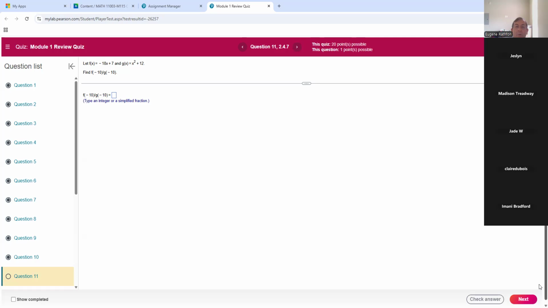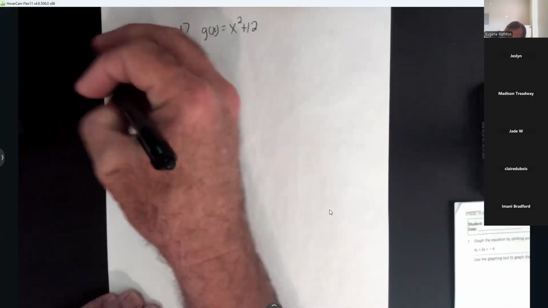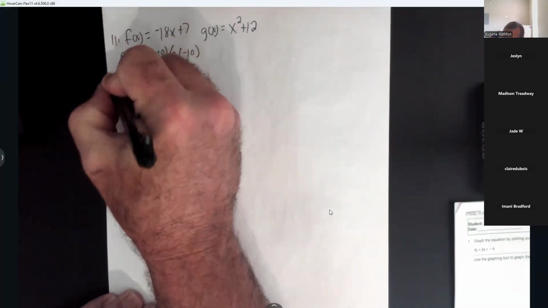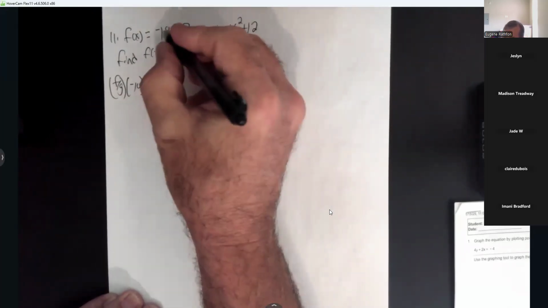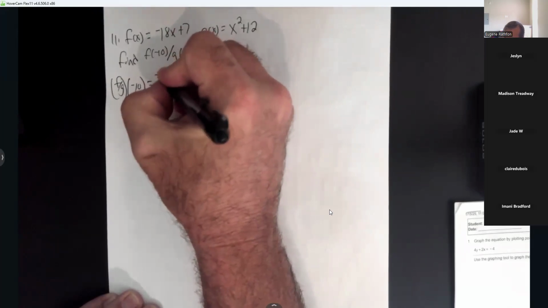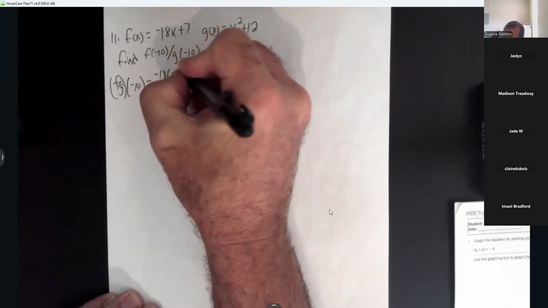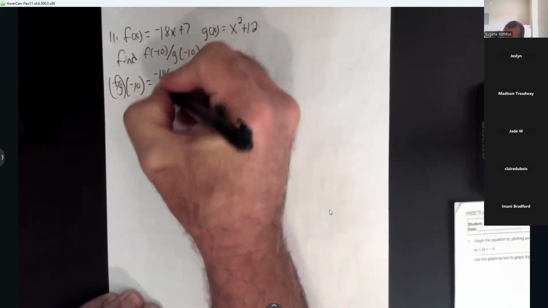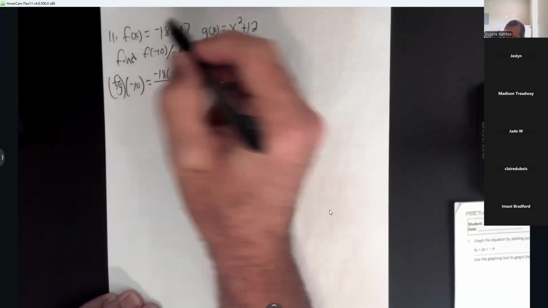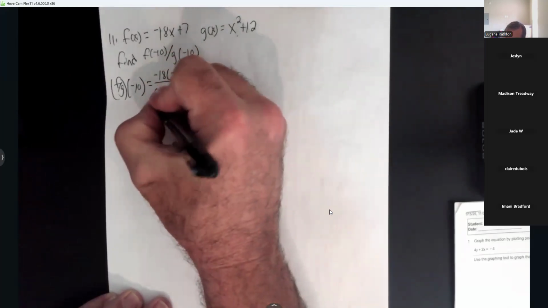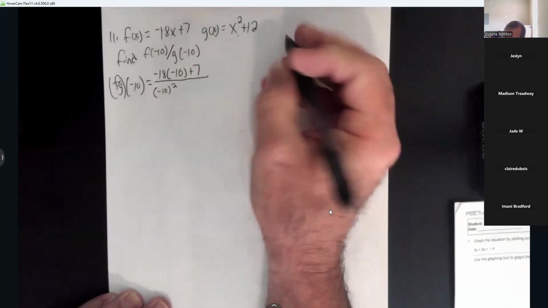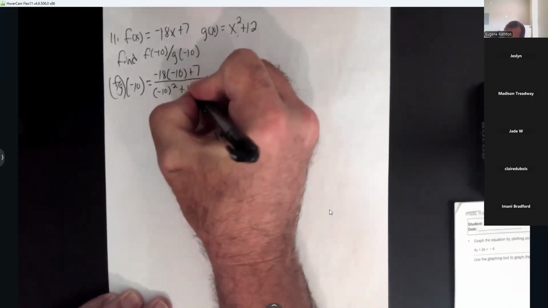So we're going to do a little bit of division. So we're doing f divided by g of negative 10. So I'm going to put my f on top, negative 18 times negative 10 plus 7. So that's my f of x. On bottom is my g of x. So that's going to be negative 10 squared plus 12.